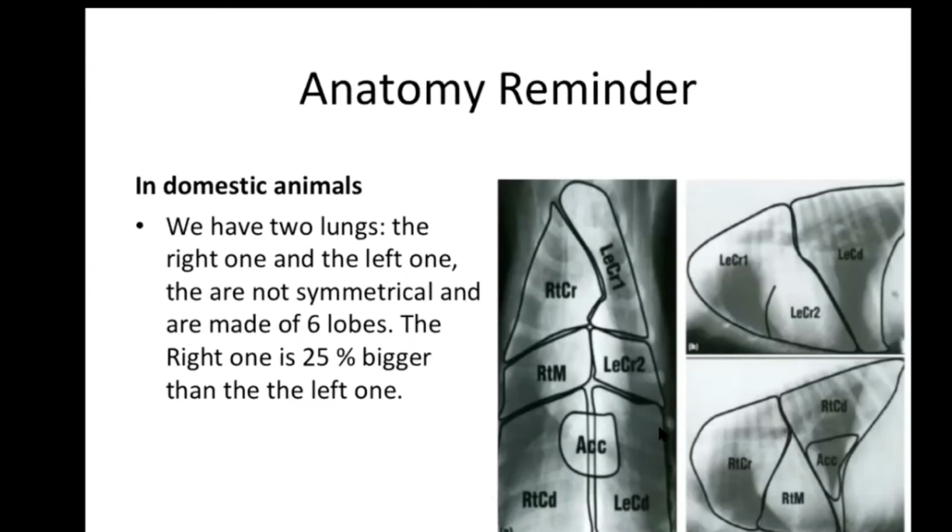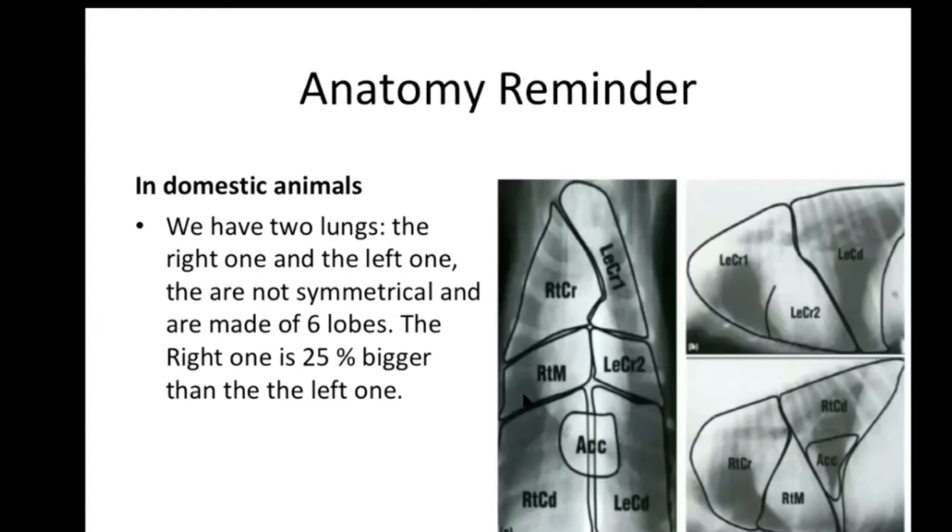When we look at the lung, we know it's not symmetrical. This side doesn't look the same as this side. And we have the right side, which is 25% bigger than the left one, of course. If we want to talk about location, let's say the lesion is here. We will say it's the median right lobe because it's on the right side and it's in the middle.